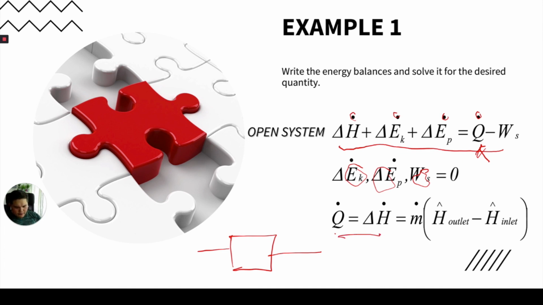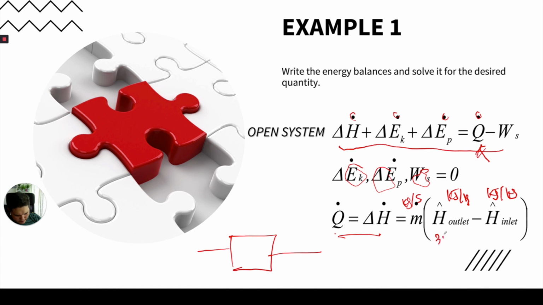The unit of the specific enthalpy is given as kilojoule per kilogram, and the unit given for the flow is kilogram per second. Because this is just a specific enthalpy, you need to subtract the two together.